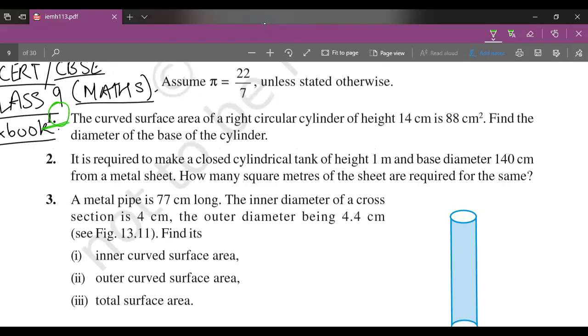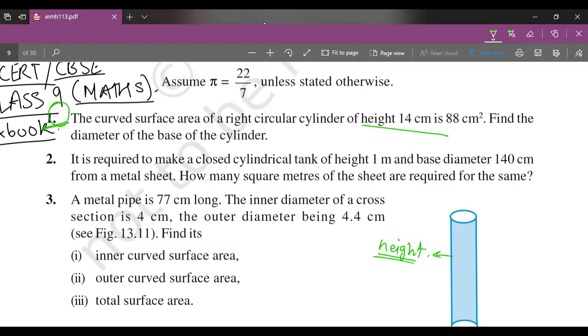When you see the problem, you just sit back and look at it and analyze it. It gives you a few clues. In this question, it has given a clue: the height is 14 centimeters. Say we take this cylinder, this is known as the height.